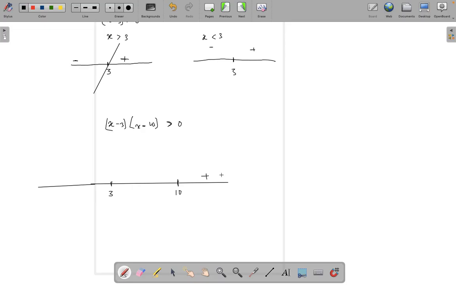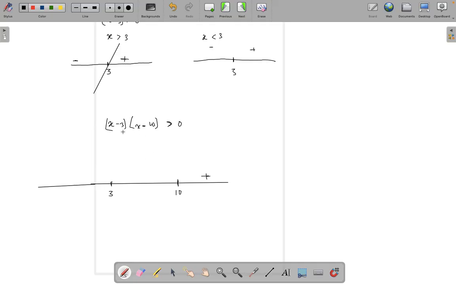So we take the greater value first. If it would have been x plus 3 into x plus 10, then we would have taken minus 3.